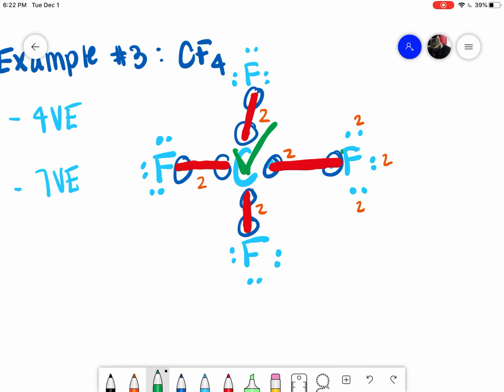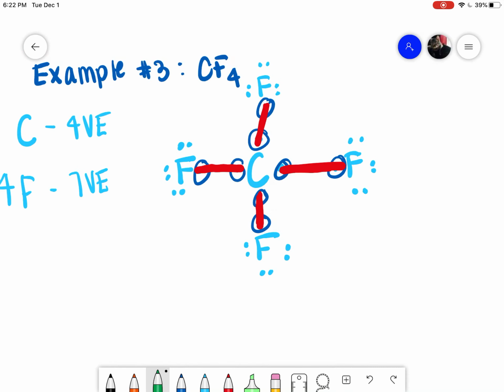And so fluorine meets the octet rule, and that's the same for all the fluorines. So all of these would meet the octet rule, and because they all meet the octet rule, that means that this is our correct Lewis dot structure for CF4.